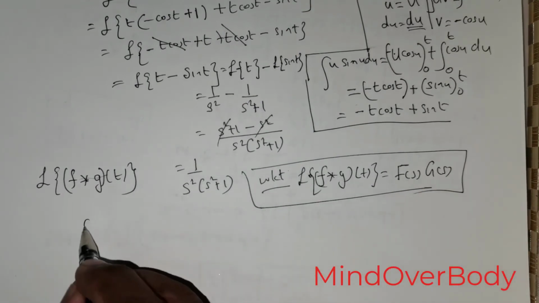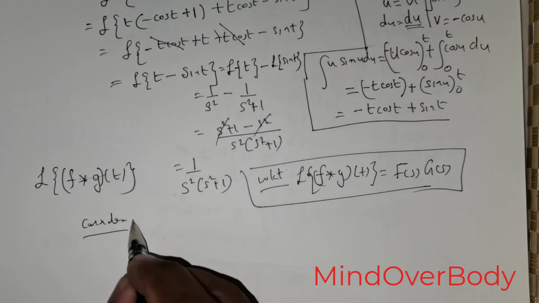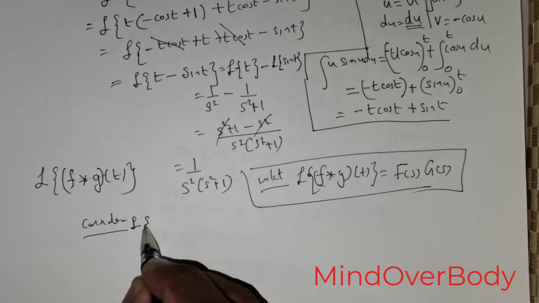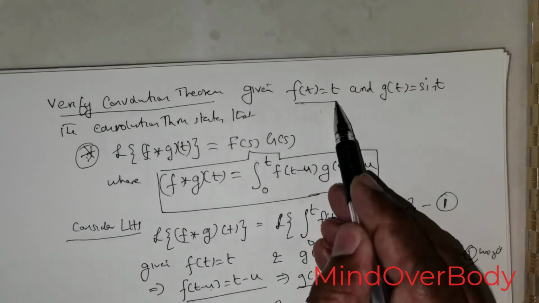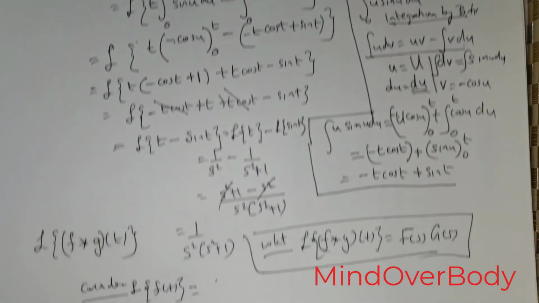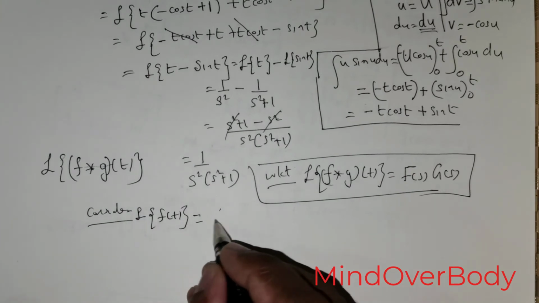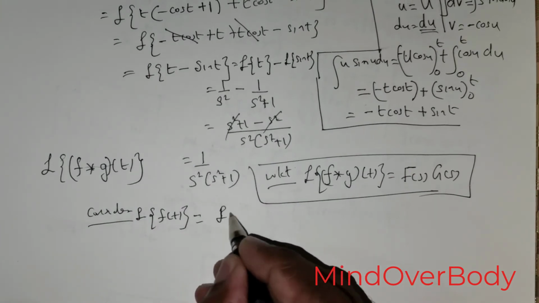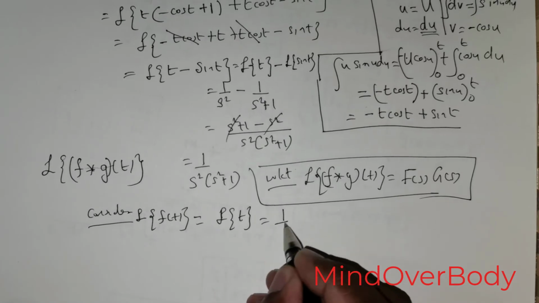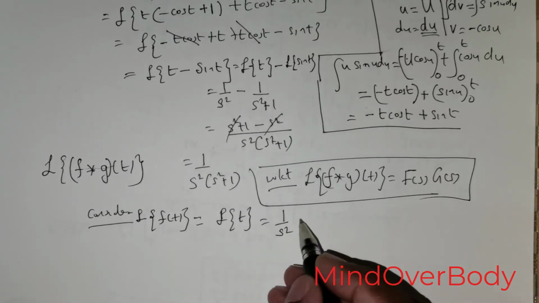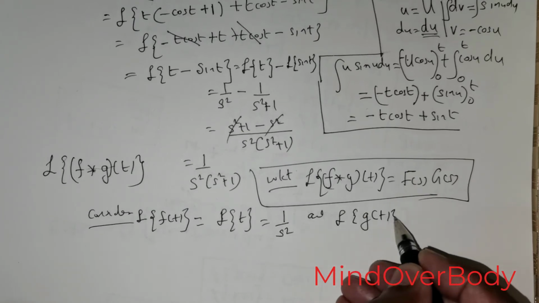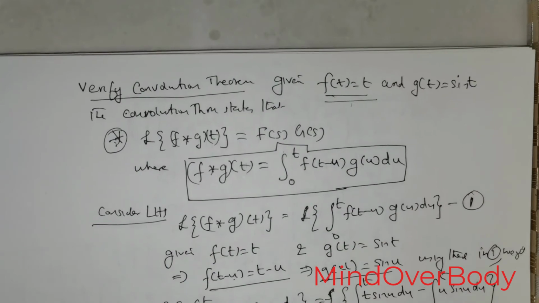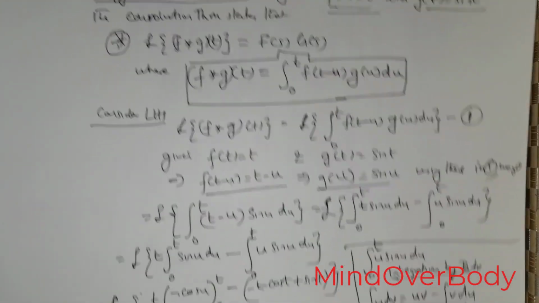Okay, so consider Laplace transform of f of t. What is that? f of t is t, right? So this is going to be Laplace transform of t, which is nothing but 1 over s squared, and we will consider Laplace transform of g of t. What is g of t? Sin t.